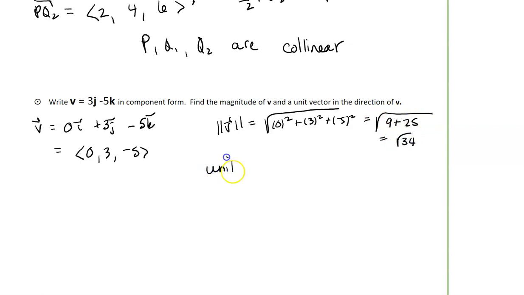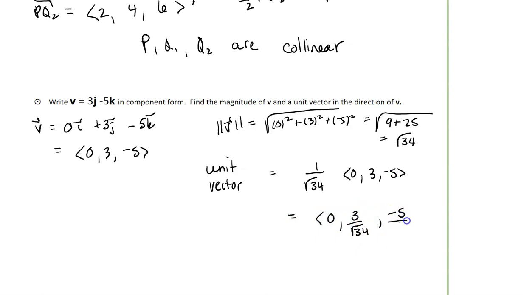And the unit vector in the direction of v would be 1 over the square root of 34 times 0, 3, negative 5, which would give me 0, 3 over root 34, negative 5 over root 34, or 0, 3 root 34 over 34, negative 5 root 34 over 34, when I rationalize.